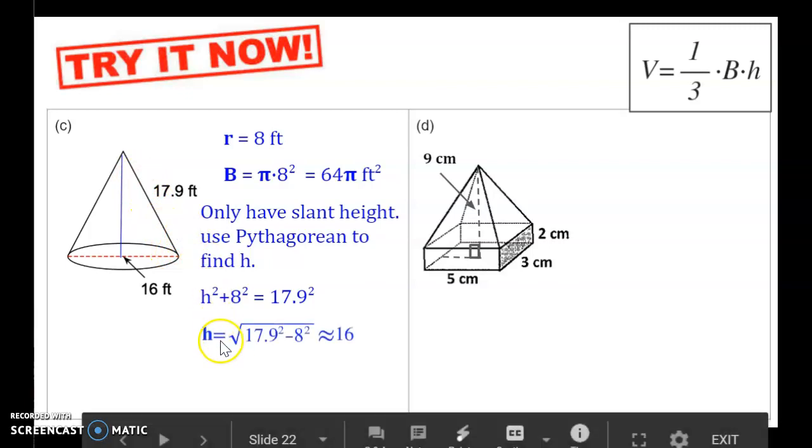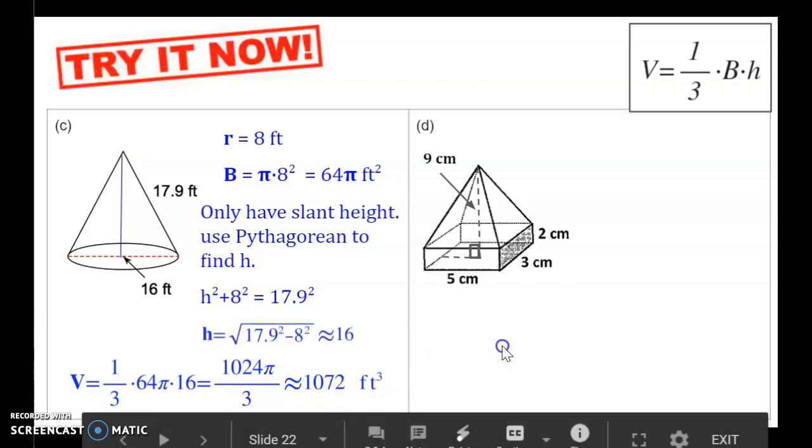So then using the Pythagorean theorem, h is going to be the square root of 17.9 squared minus 8 squared, which is approximately 16. Then putting that value into the formula, you get a third times 64 pi times 16, which comes to about 1,072 feet cubed.